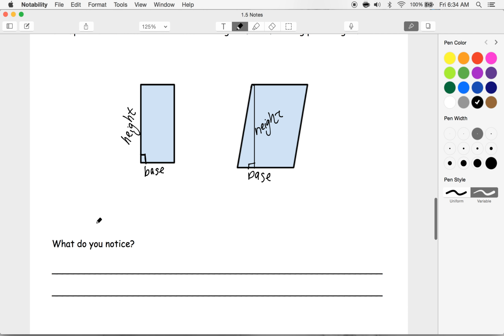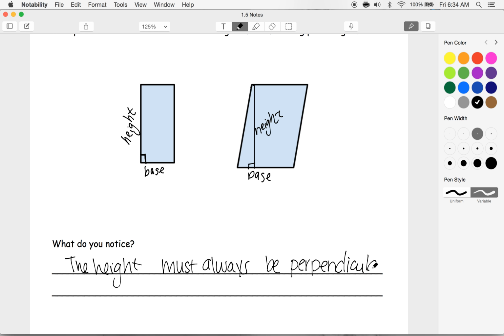What do we notice? The height must always be perpendicular.